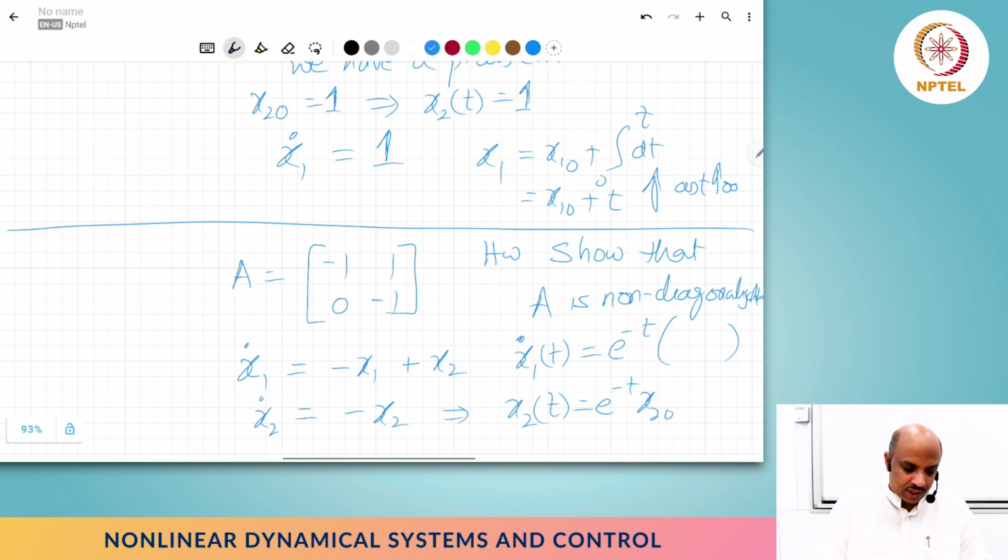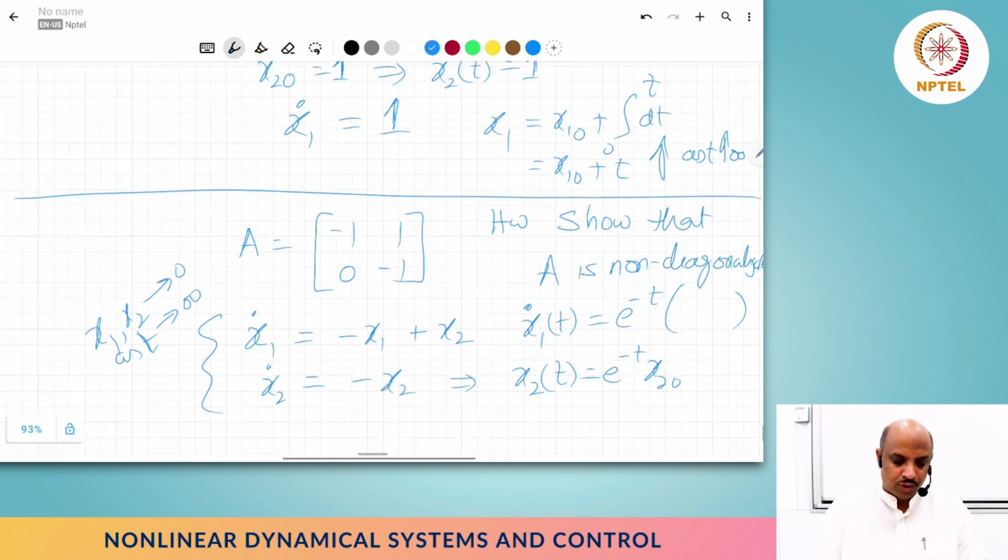So in this particular case, I didn't prove it rigorously, but x1, x2 both go to 0 as t tends to infinity, right? So that means we have asymptotic stability, right? Or at least convergence, and then we can convince ourselves that this is asymptotic stability.